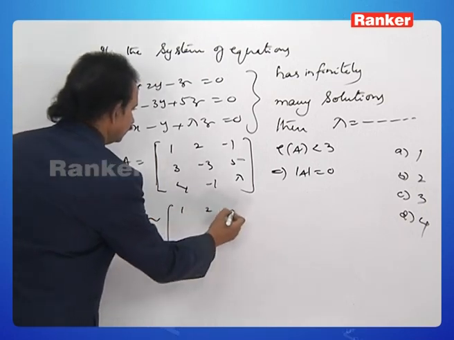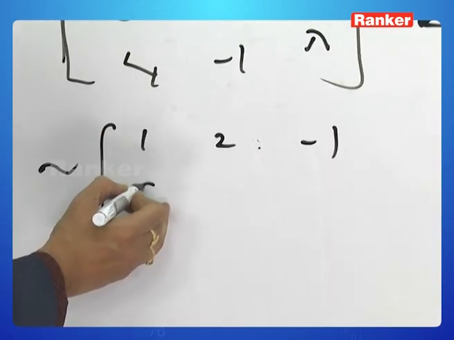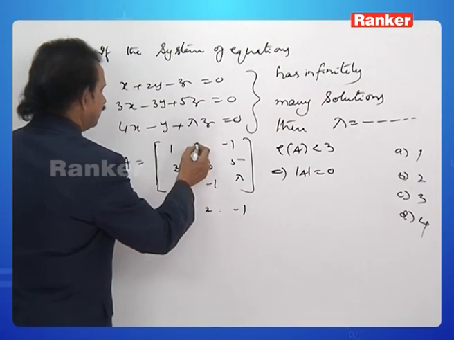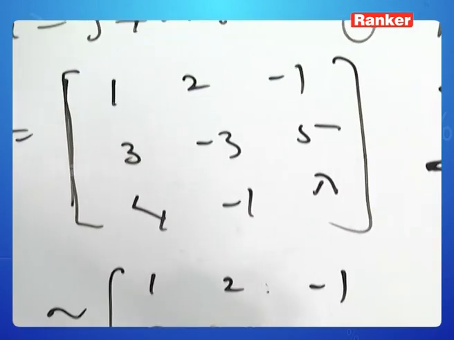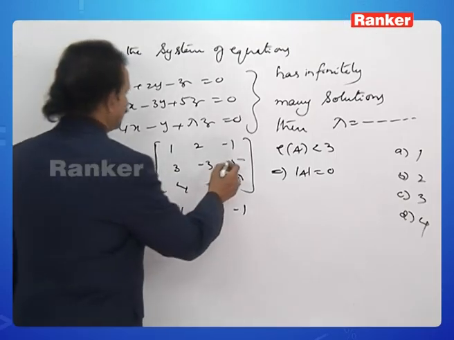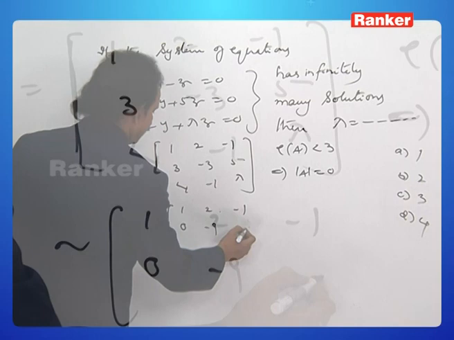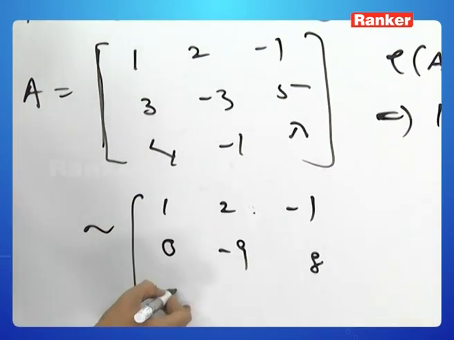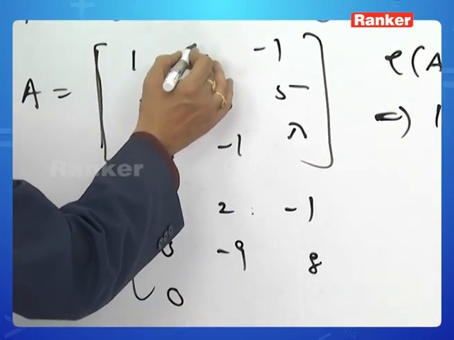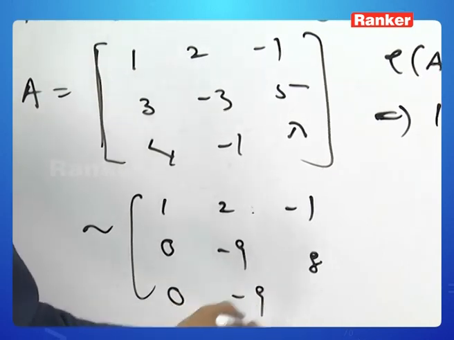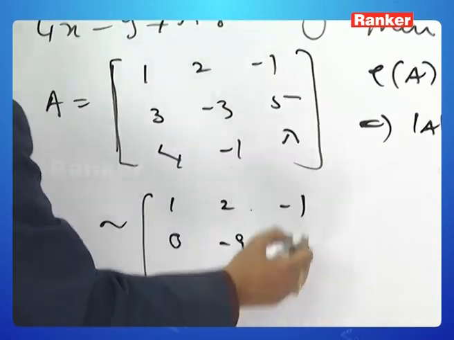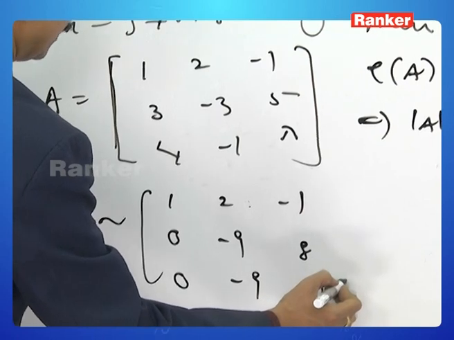1, 2, minus 1. 3 minus 3, 0. Minus 3 minus 6, minus 9. 5 minus of minus 3, 8. 4 minus 4, 0. Minus 1 minus 8, minus 9. Lambda minus of minus 4, lambda plus 4.